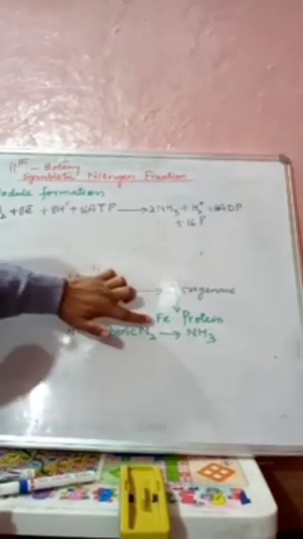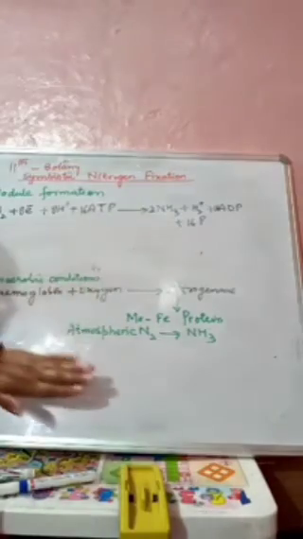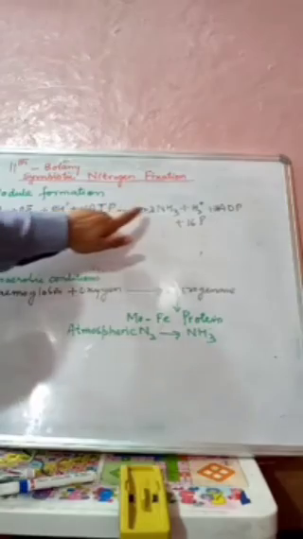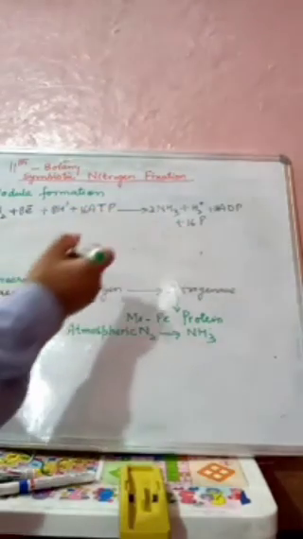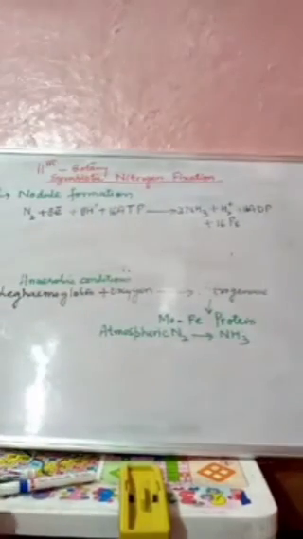It is the molybdenum iron protein which has the capacity to convert atmospheric nitrogen into ammonia. That reaction is: nitrogen plus electrons plus protons plus 16 ATP gives us ammonia, along with ADP and inorganic phosphate.